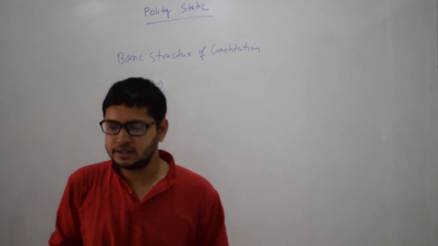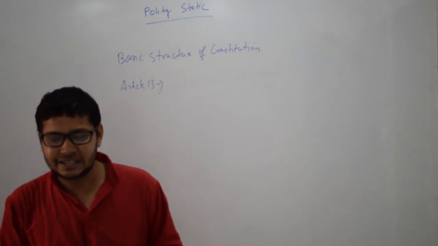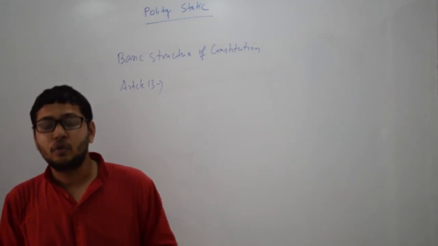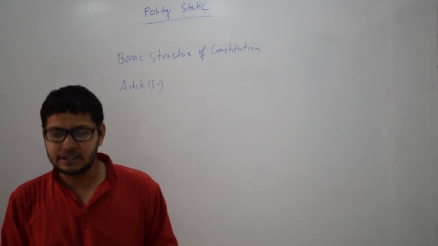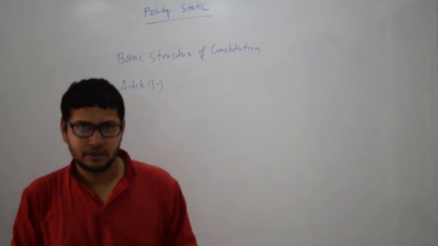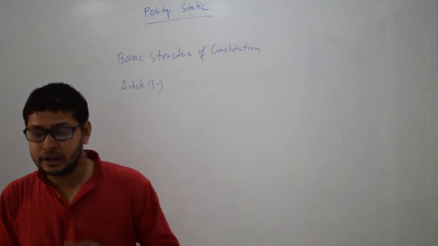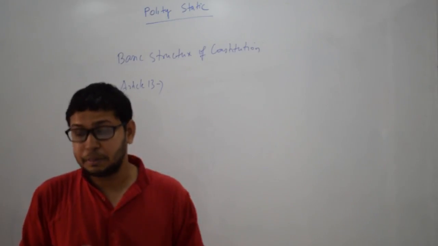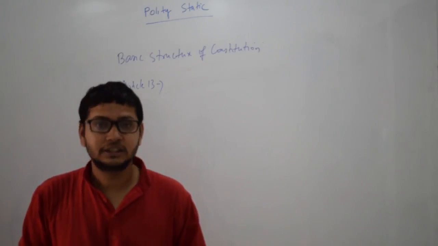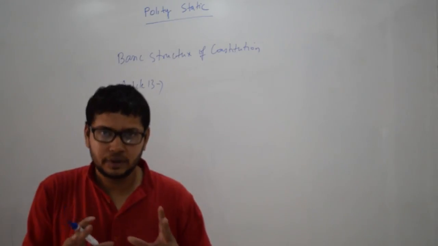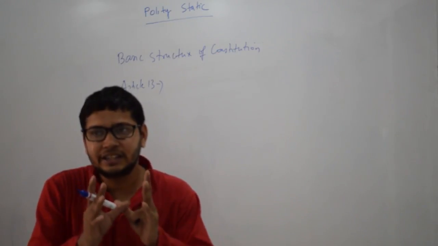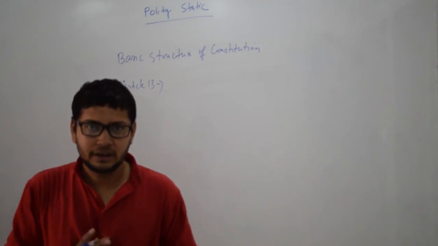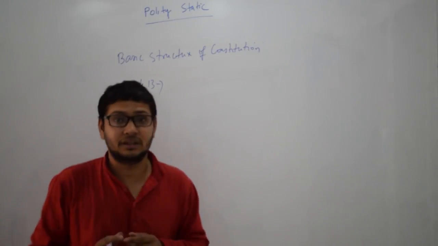Article 13 says that the state shall not make any law which takes away fundamental rights given by Part 3. And law includes not only ordinary laws, but ordinances, bylaws, rules, sub-rules. So the word law is very wide in scope. But it is silent on constitutional amendment.